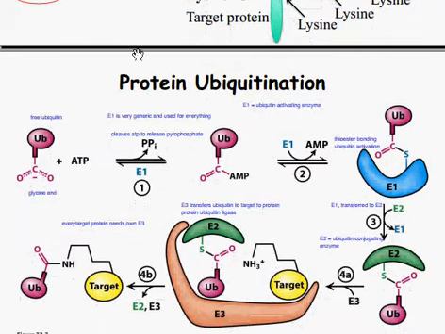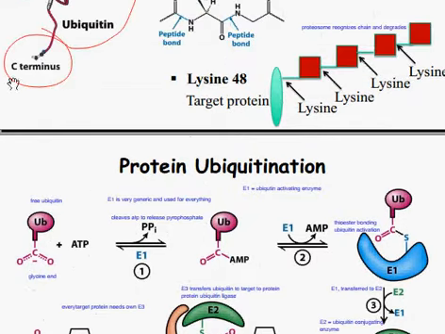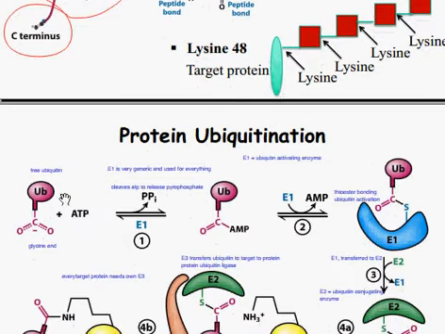Okay, so let's go into a little more detail on protein ubiquitination. Say you have a free ubiquitin with the glycine end, lest we forget, on the C-terminus, and some free ATP. So E1 will bind with ubiquitin.